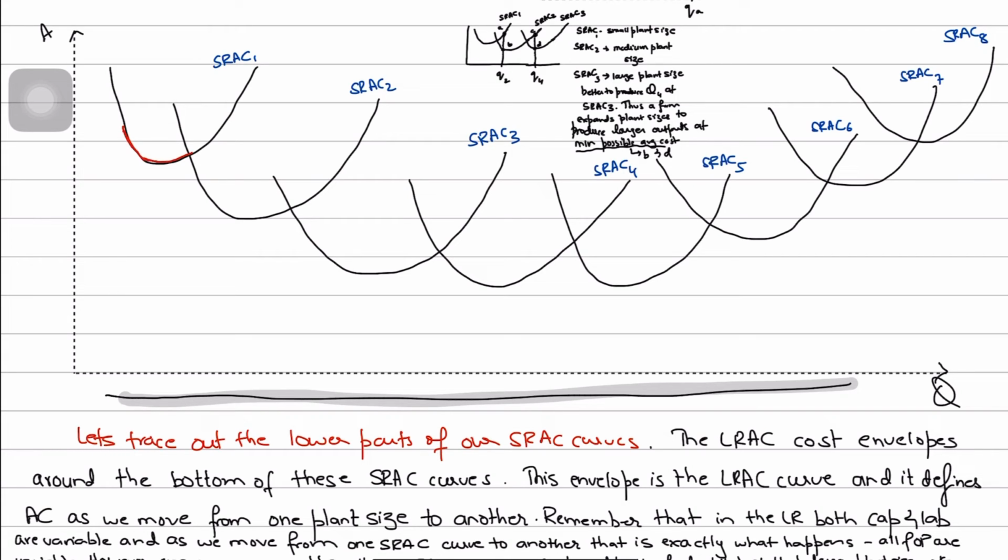So let's trace out the lowest parts of the possible short run average cost curves. So something like this, right?